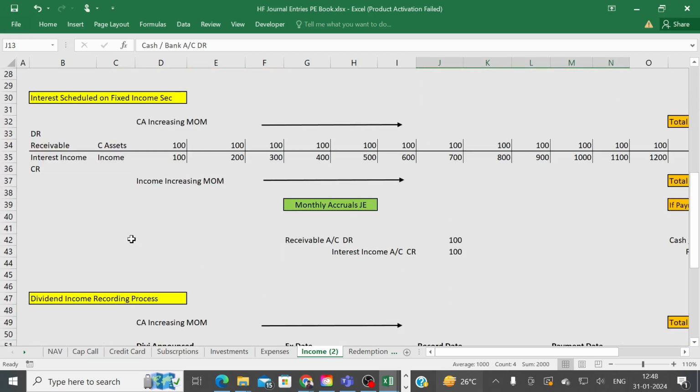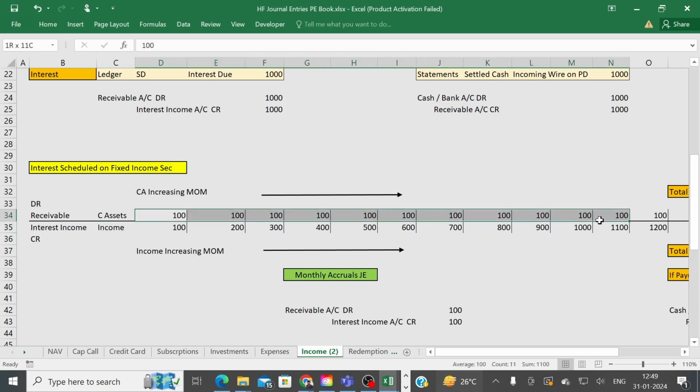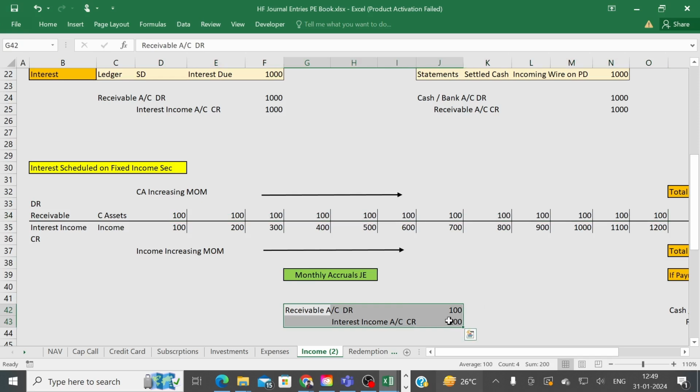I have just created a schedule for interest payments. See this: the receivable we always record to the debit, and interest income we record to the credit. We treat the receivable as a current asset, and interest income we treat as income. So if you are recording, let's say, 100 rupees of interest per month, every month you record the entry of 100 rupees, receivable account debit to interest income account credit.